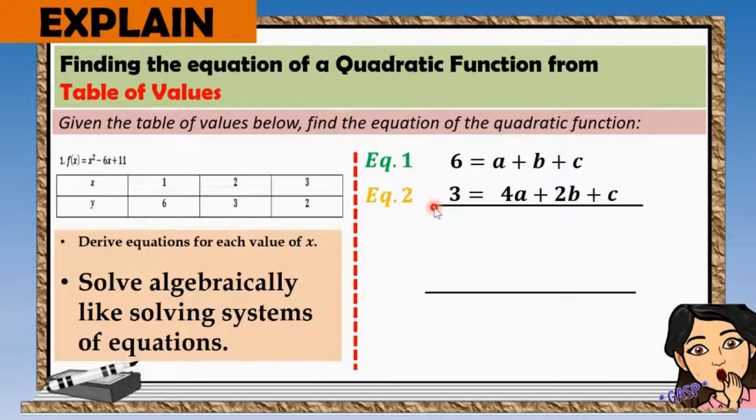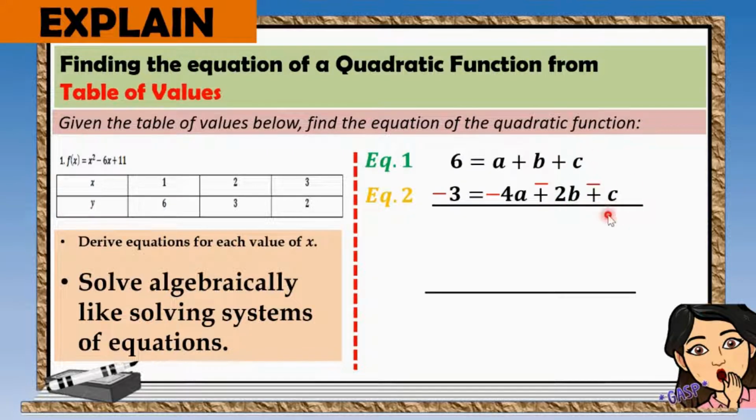By subtracting each term from equation 1, we need to change all the signs of each term. So, we have negative 3 equals negative 4a minus 2b minus c.